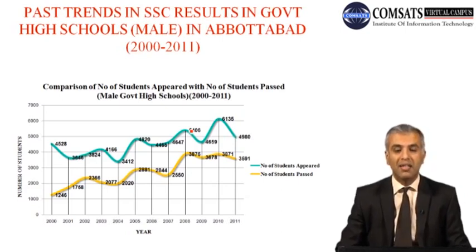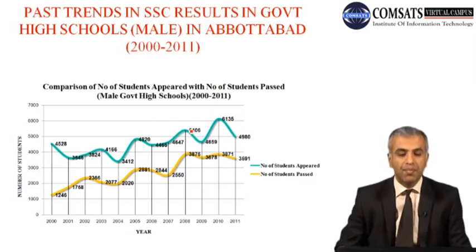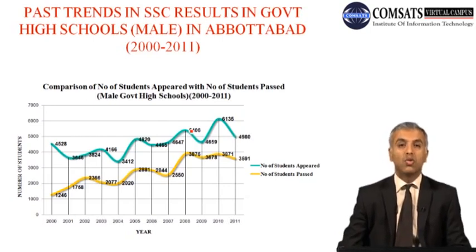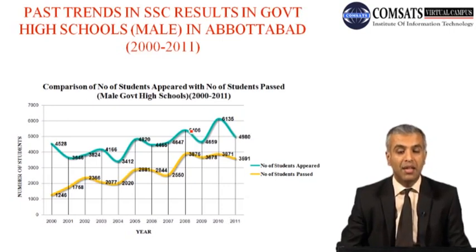So here we are just seeing some past trends. This is certain data which has been collected. To be more specific, this is secondary data which has been collected from gazettes published to present various schools' results conducted by the Board of Intermediate and Secondary Examination in Pakistan.